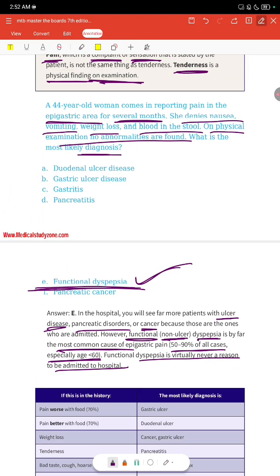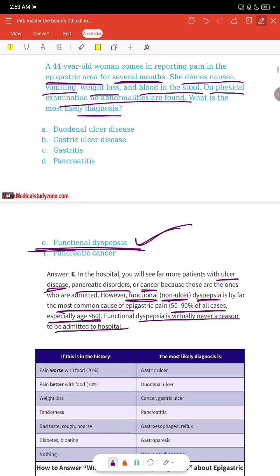You see, when the physical examination is done on the patient, you don't see any further abnormalities. So that's what gives you a clue that it might be functional dyspepsia, and also it is more common.